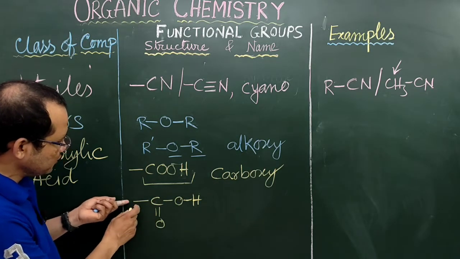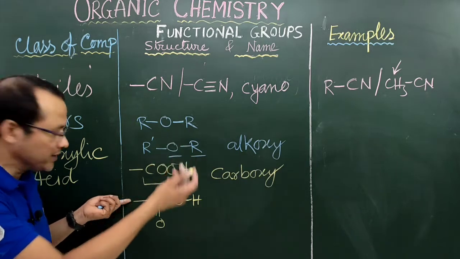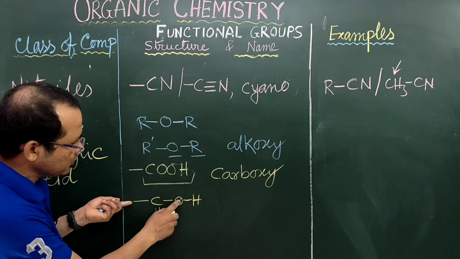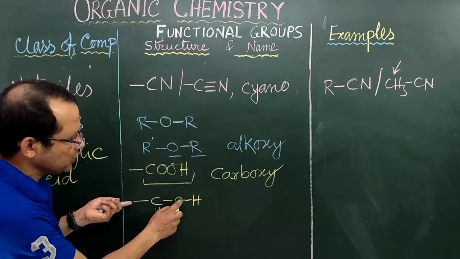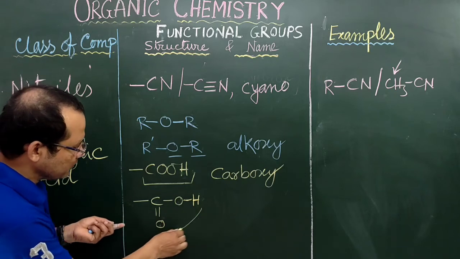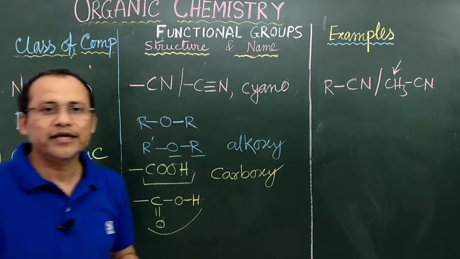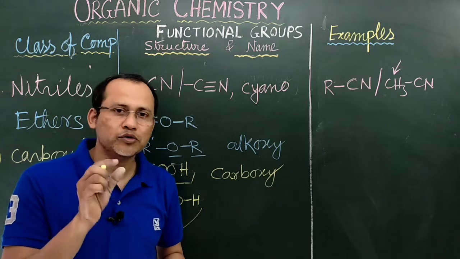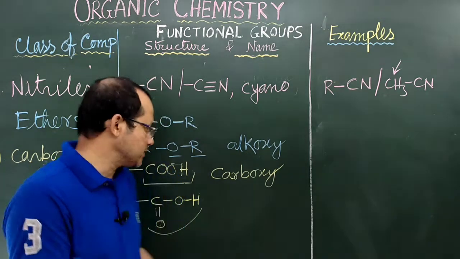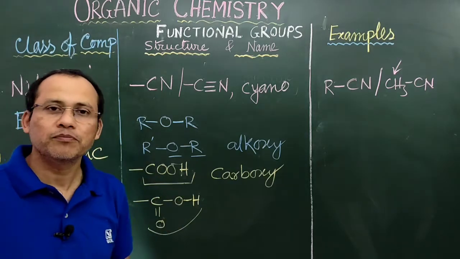This carbon is bonded to a hydrogen or an alkyl group, double bonded to one oxygen, and single bonded to another oxygen, and further this oxygen is bonded to one hydrogen. This portion must be there in any compound in order to be a carboxylic acid or any organic acid. At least one such group must be there.